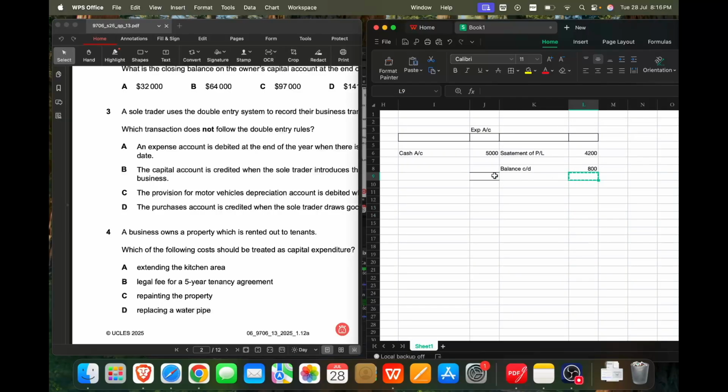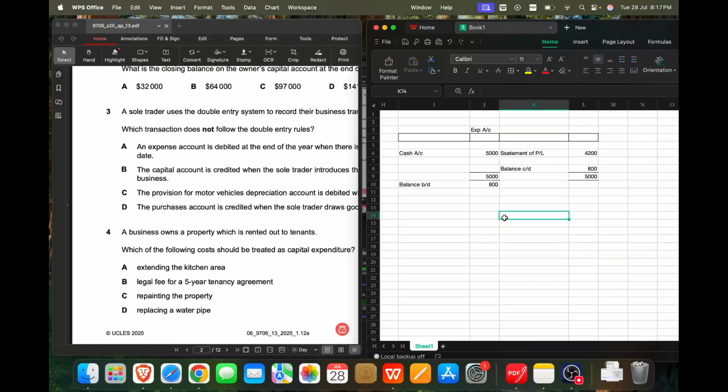Okay, so this side is 5,000 and that same total on this side 5,000. So the difference was 800, which we wrote as balance c/d, and then this would be your balance b/d, which is 800, and this is a prepaid amount.